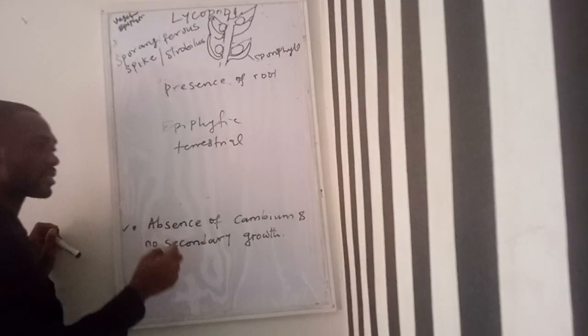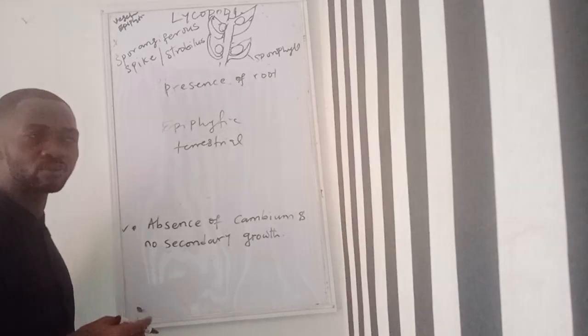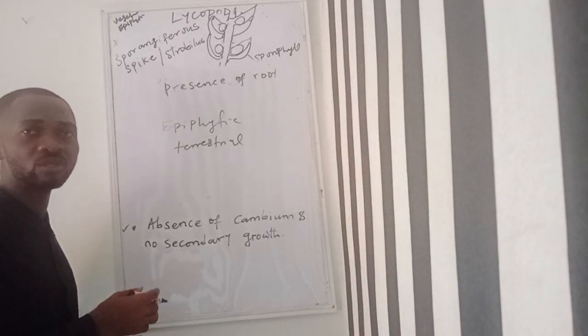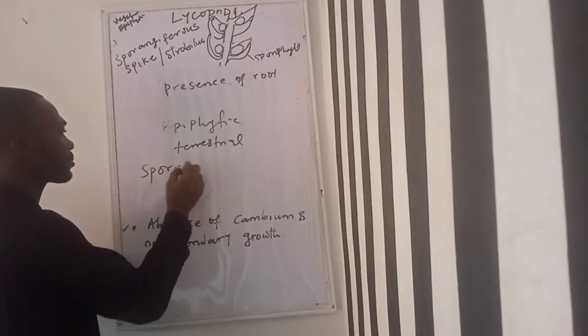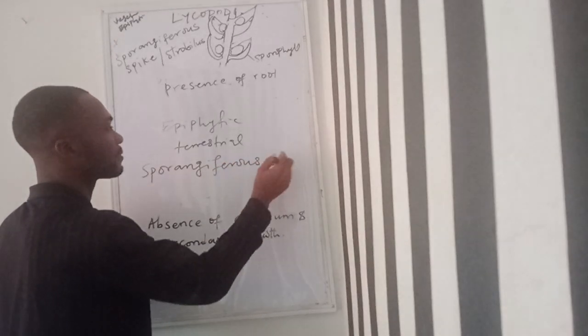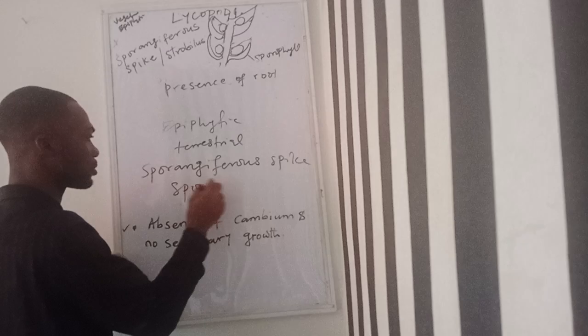I've also mentioned that they have a reproductive branch, which is not found in Psilotum. They also have a reproductive leaf. That reproductive branch is called the sporangiferous spike, and the reproductive leaf is called the sporophyll.